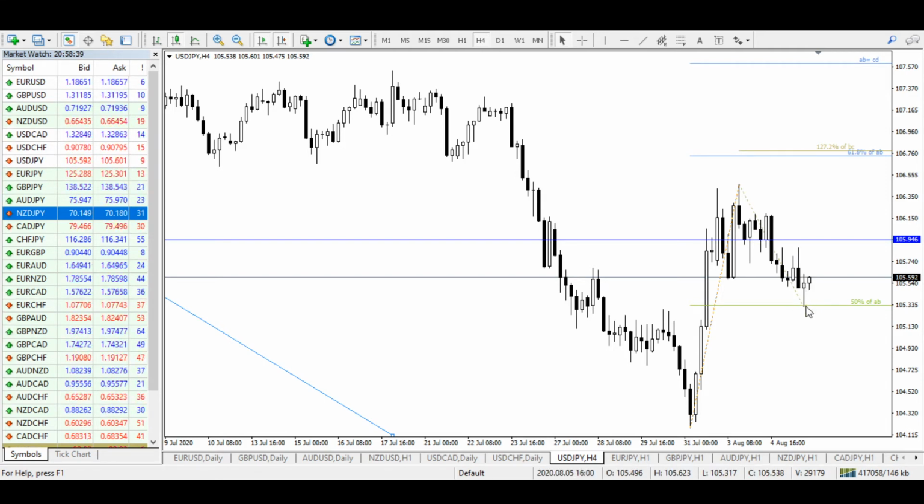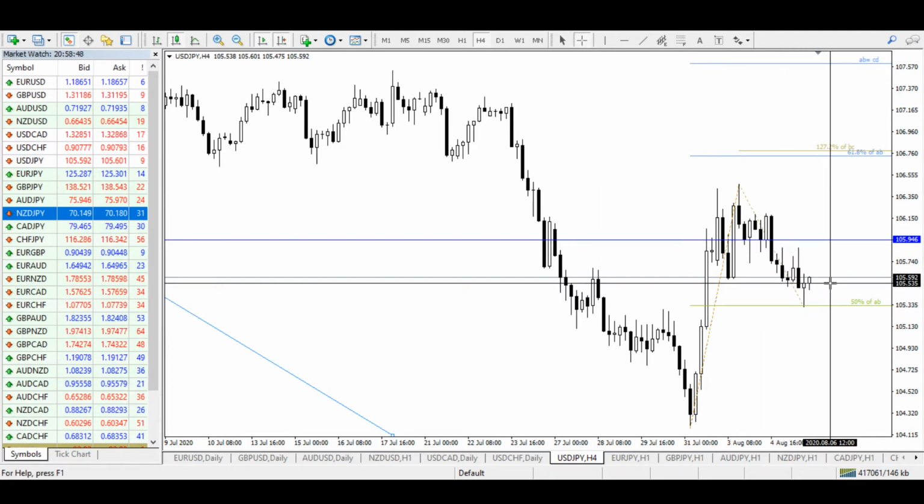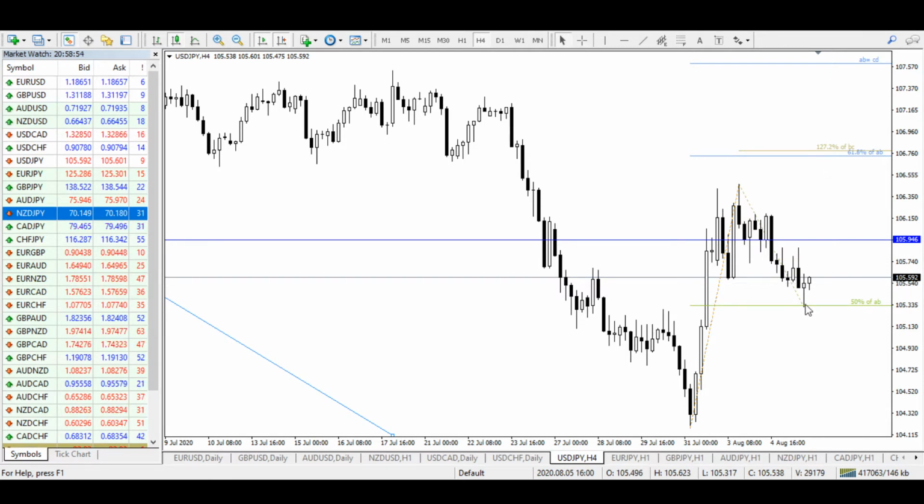This is a 4 hour candle, and right after completion of this candle I took my buy position, and my stop loss is very small. I'm just risking 23 pips in this trade. My SL is 1 pip below the low of this recent candle. So if price is not going to rise from here, I'll exit the position just below this.